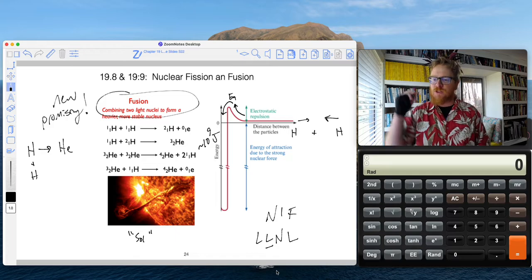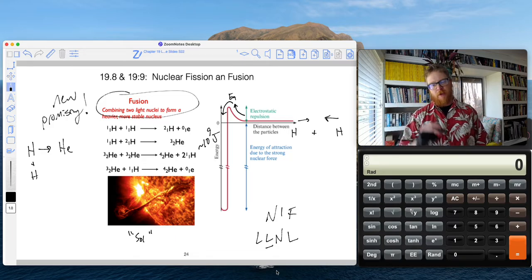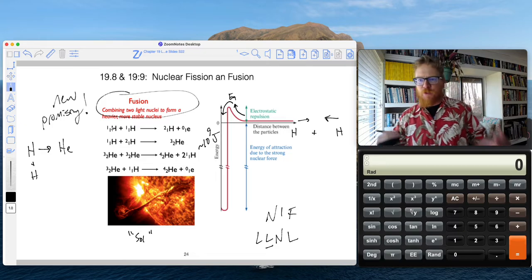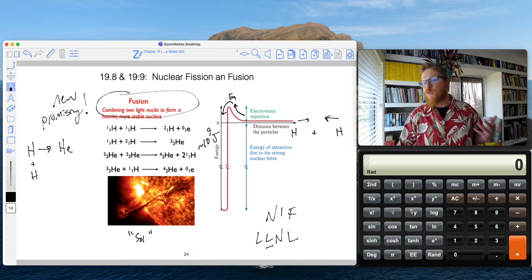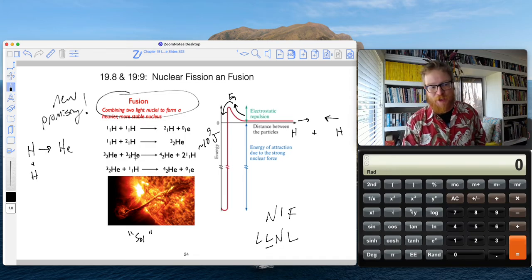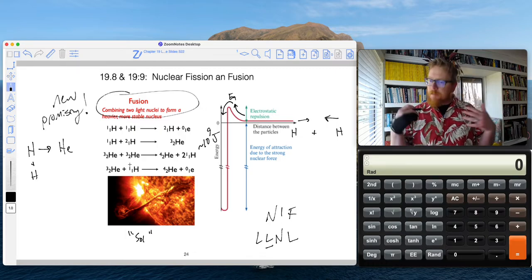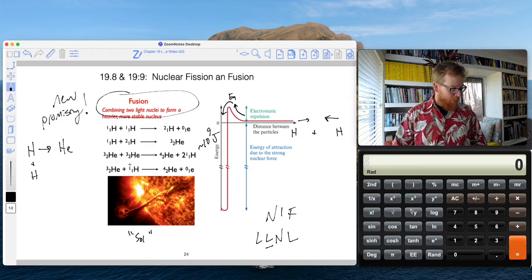And this is so cool. To me, this is our path forward for clean energy, the production of helium from hydrogen, both things that are not toxic at all. We're also running out of helium in the world, so this is a good way to make helium for your balloons and stuff. But all the same, I would encourage you to go out and find some more information about this and read about it.